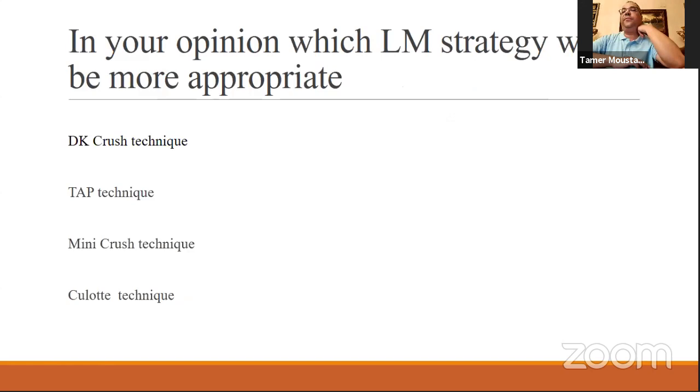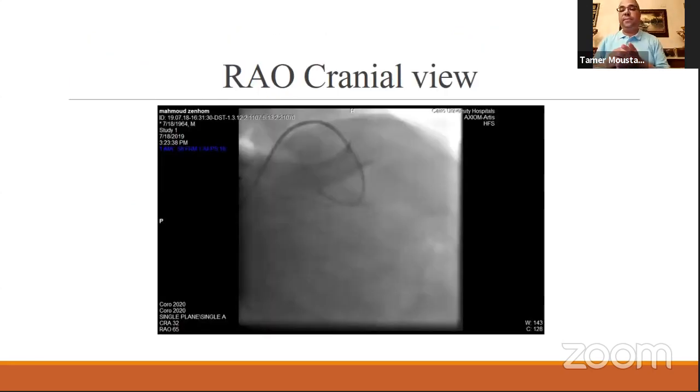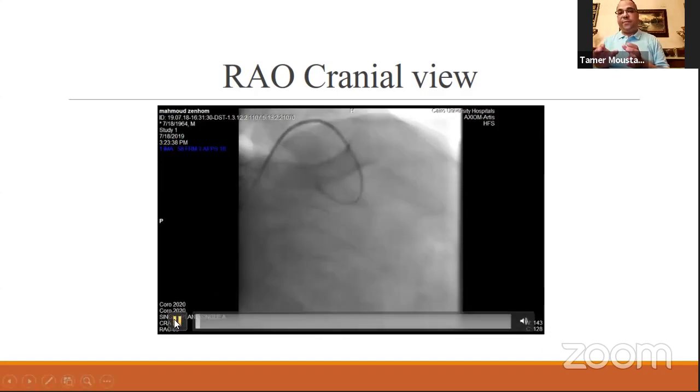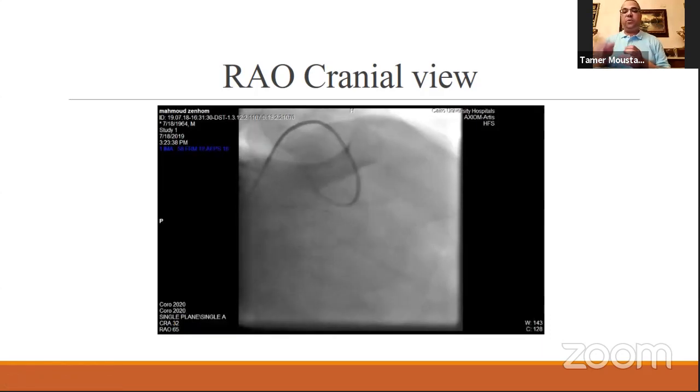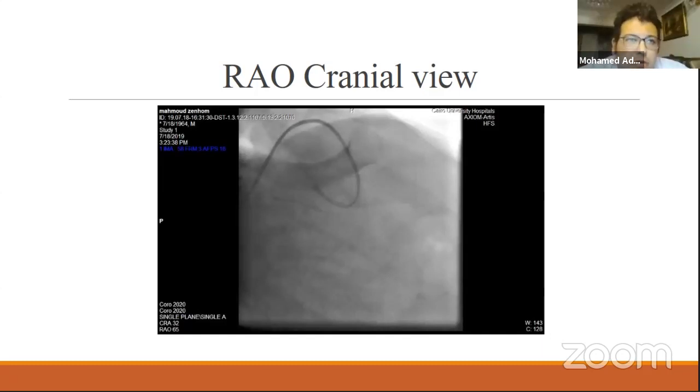Mohammed, I wanted to stop here for a moment, please. Before going to what type of technique we will choose, if we don't have an IVUS, and this situation is present in many cath labs, and we have a true ostial LCX lesion, could we consider that as a left main lesion or not? An isolated LCX lesion could be present.